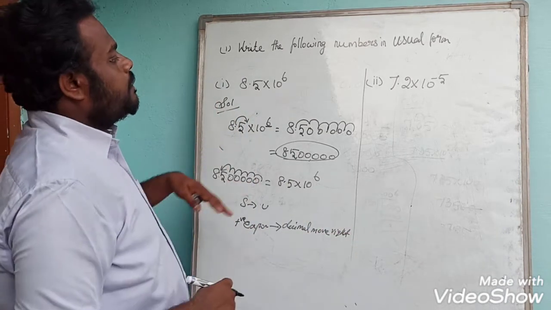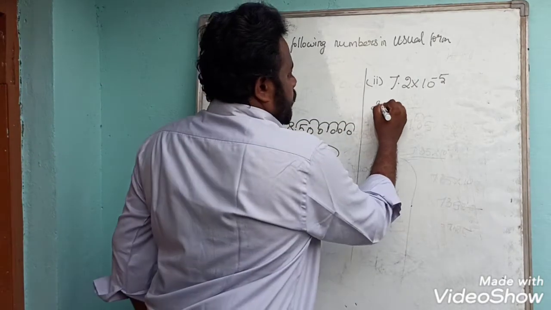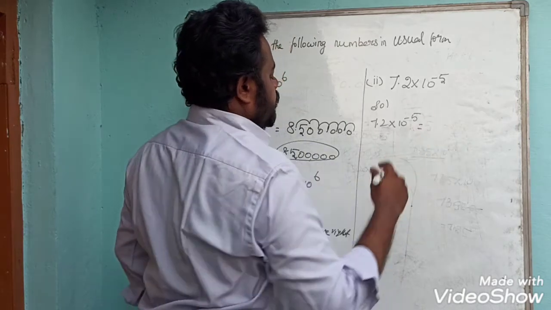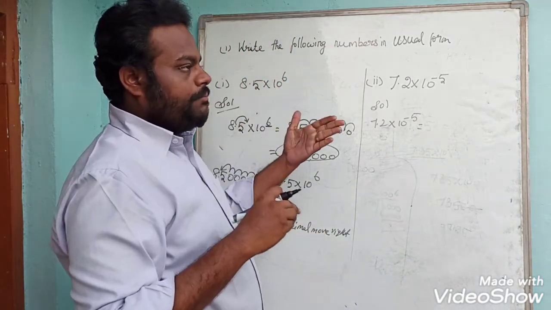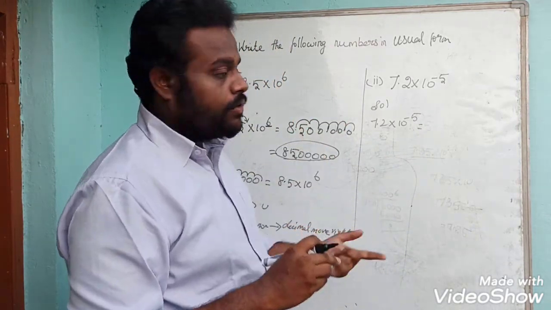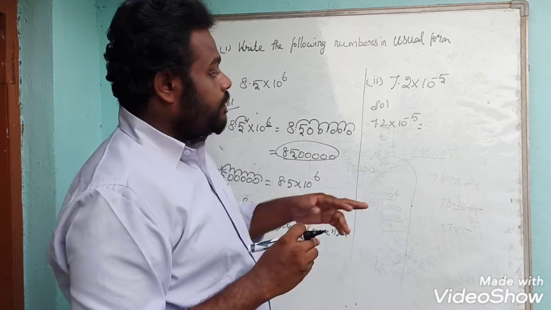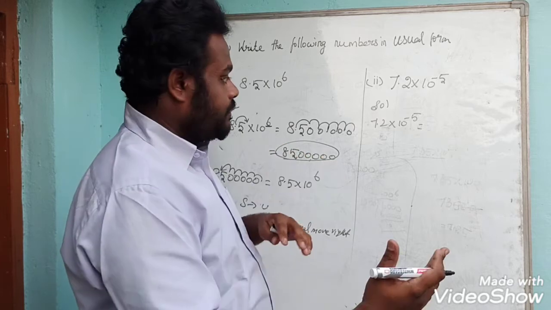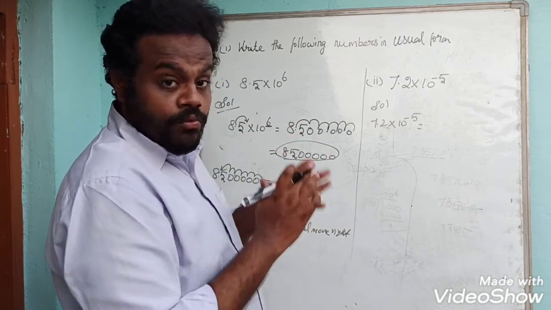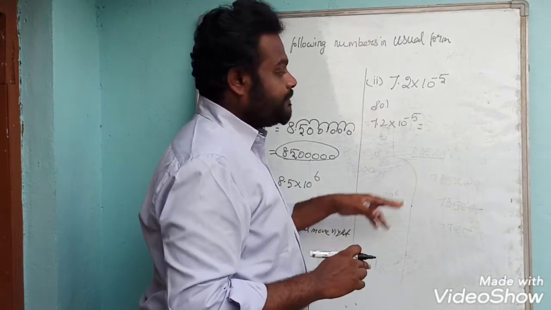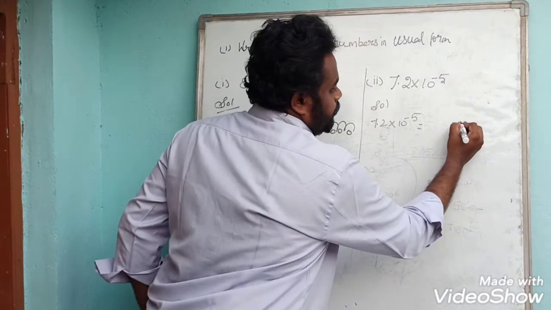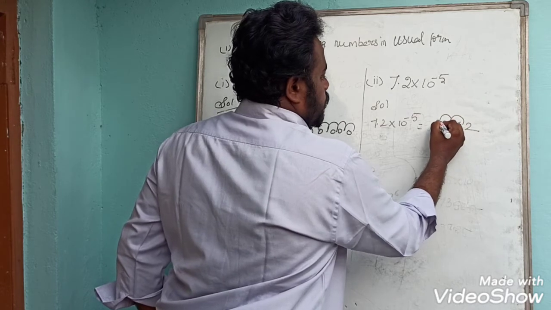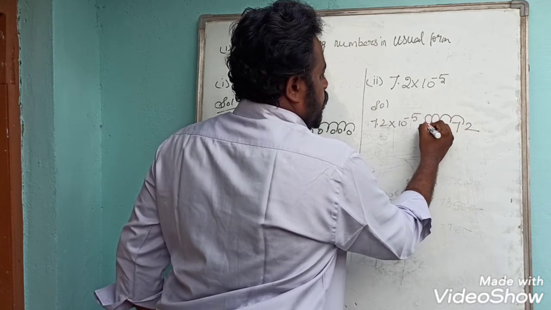Now the opposite: 7.2 into 10 to the power minus 5. Just think about the previous case: when you convert into scientific notation where you put the negative sign, the decimal point moves right. So you take the opposite. Now we have to move left-hand side. How many steps? 5 steps. 1, 2, 3, 4, 5.